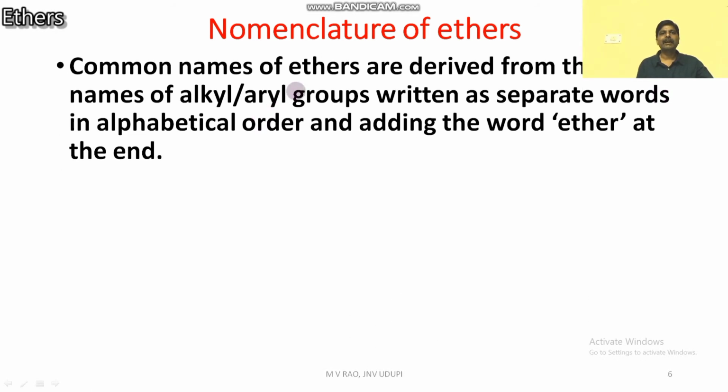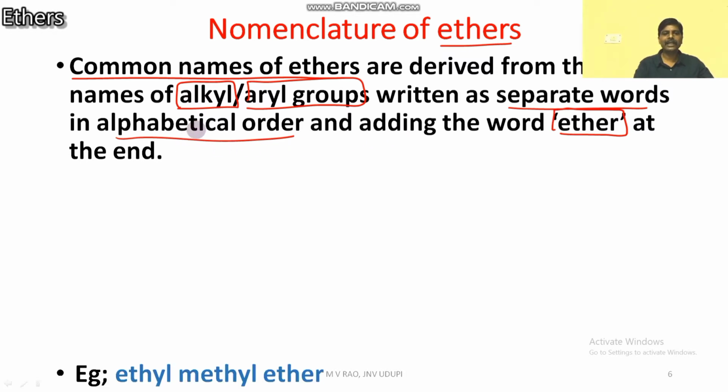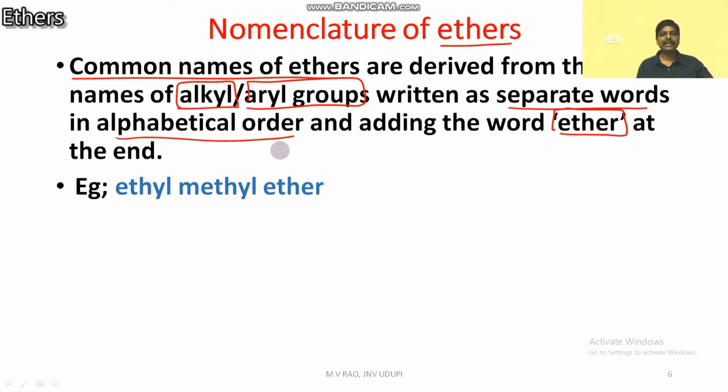You will see nomenclature of ethers. First of all, common names. Common names of ethers are derived from the names of alkyl groups or aryl groups, written as separate words in alphabetical order and adding the word ether at the end. So, in common name you take C2H5OCH3. For this compound, this alkyl group is ethyl, this alkyl group is methyl.